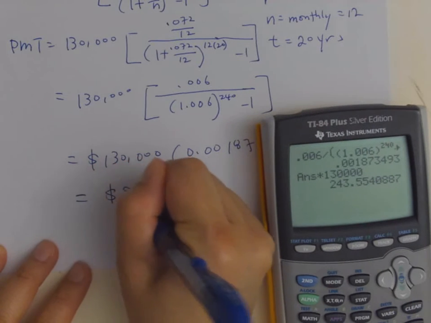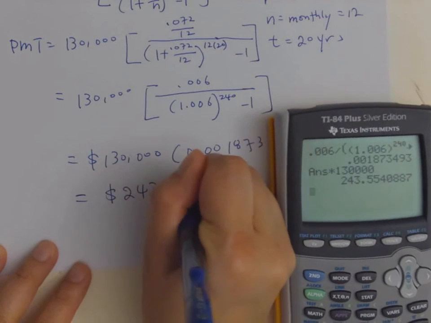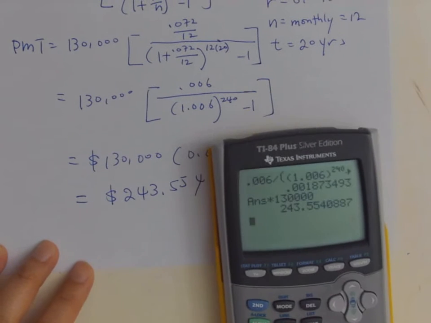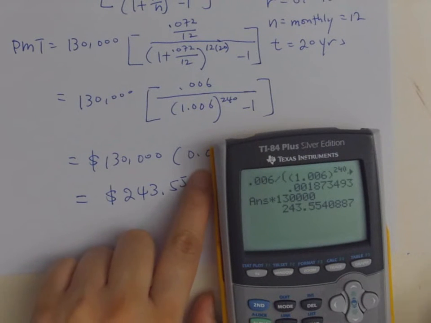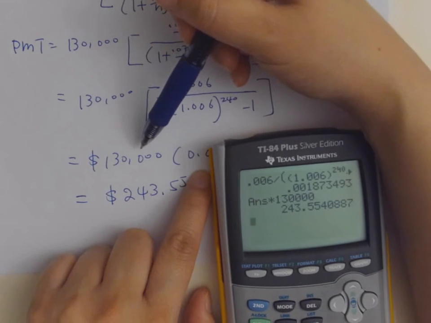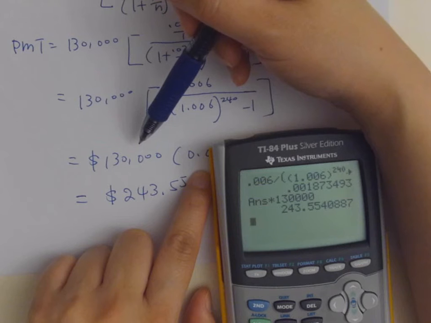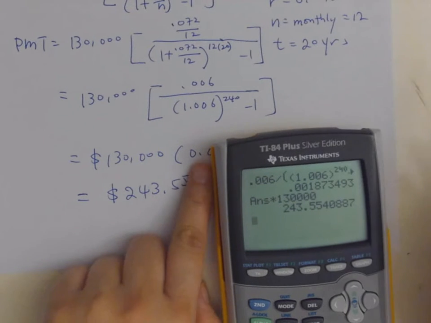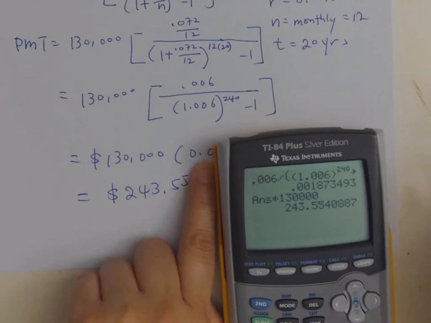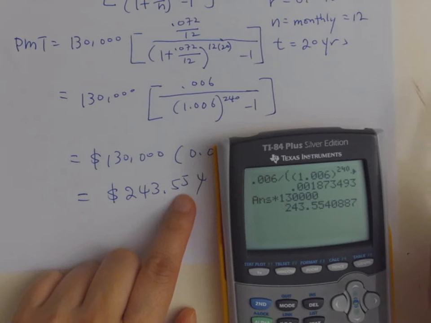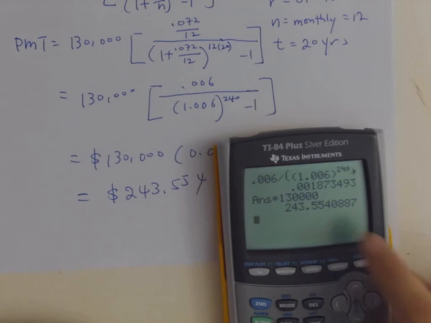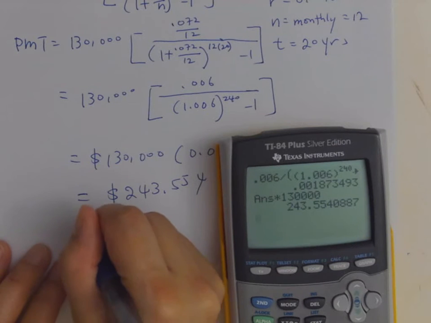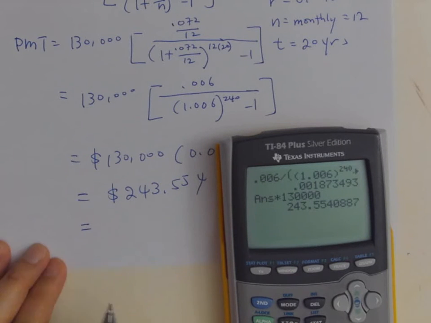But you have to be careful. It says $243.554, right? I really shouldn't round it down, because if I round it down, after these 20 years it may not be able to reach this 130,000 goal. Normally we round it to 55 cents, right? But if you only put $243.55, when it grows over 20 years with the compounding, it may not reach our goal of the future value.